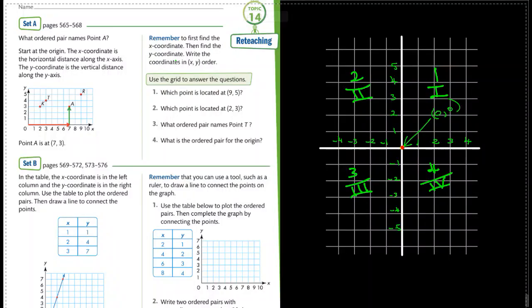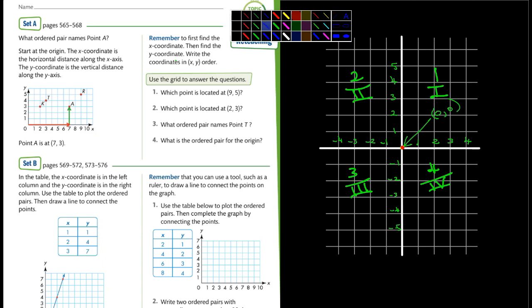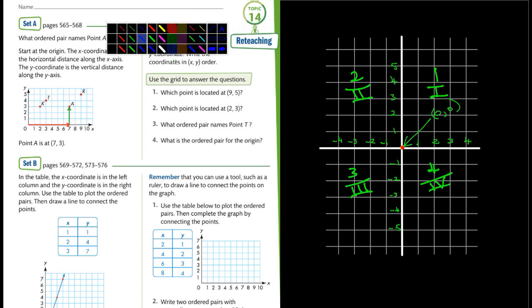Okay, next page I want you guys to do, starting with set A and the review. But before we do that, I actually wanted to show you guys something here. All the graphing we're doing is in quadrant 1, and this is quadrant 1, and this is quadrant 2, and then quadrant 3 and quadrant 4.